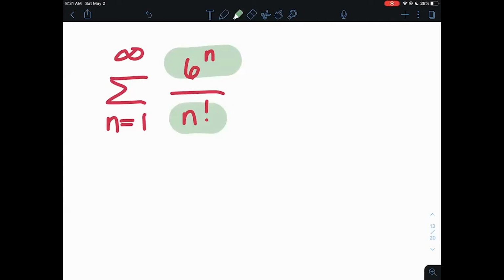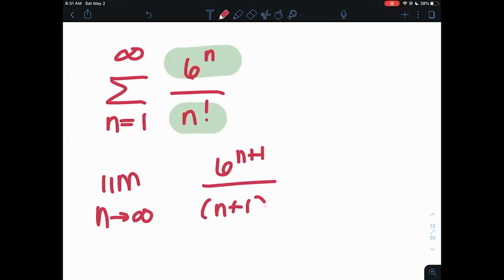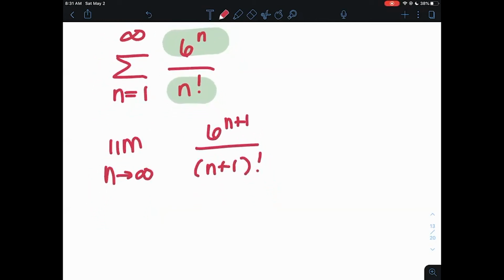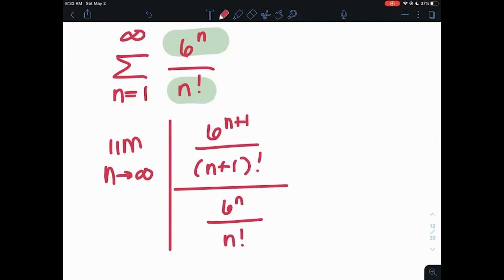If you see some kind of expression where you have that variable exponent or that changing exponent and or factorials, ratio test is excellent. So as we go through this, what we're going to do is find the limit as n approaches infinity of 6 to the n plus 1 over n plus 1 factorial divided by 6 to the n over n factorial. And we want the absolute value of all of that.